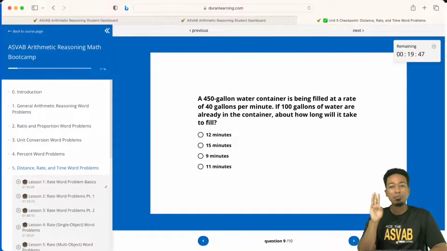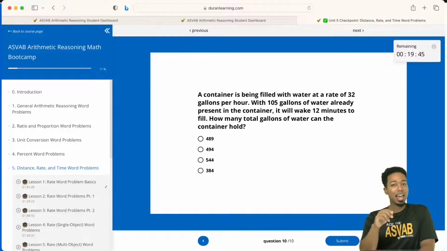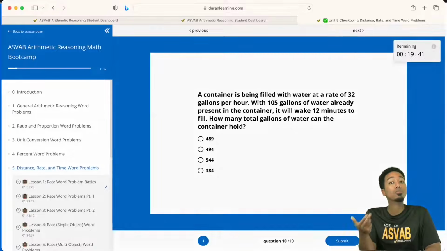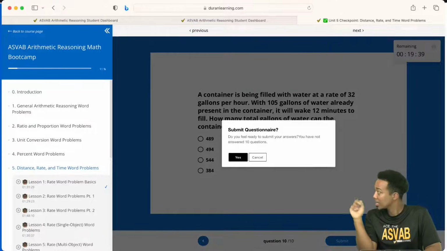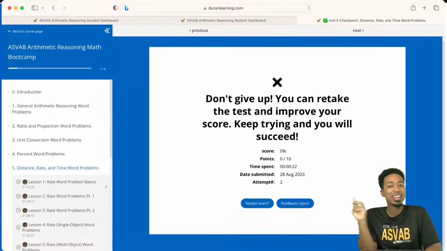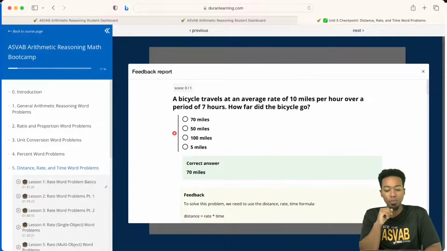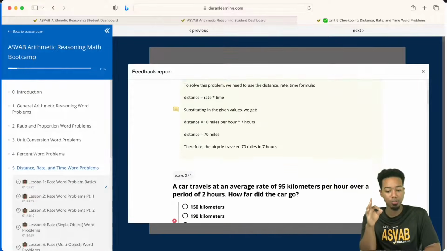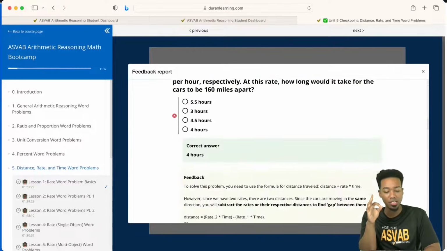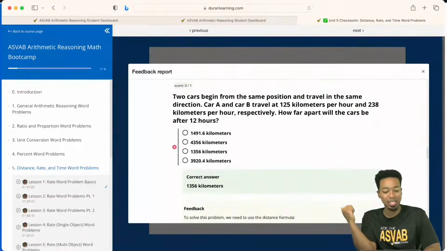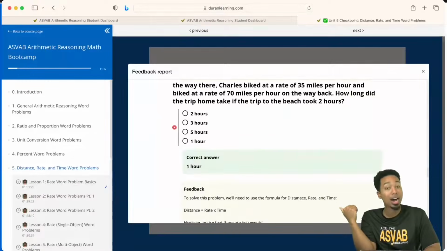Number three, the best thing about this is not having the questions and not having a timer, but being able to learn from your mistakes. So when I hit yes, I'm done with this exam, guess what? Hit that button that says feedback report, and you have everything you need to grow. I go through every single problem from the easiest to the hardest and show you exactly how to get these done step by step.